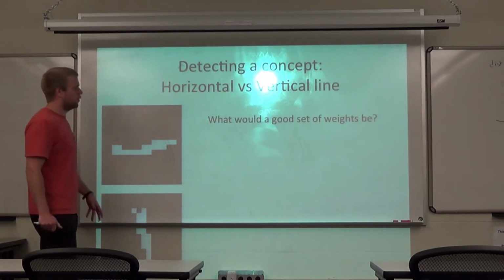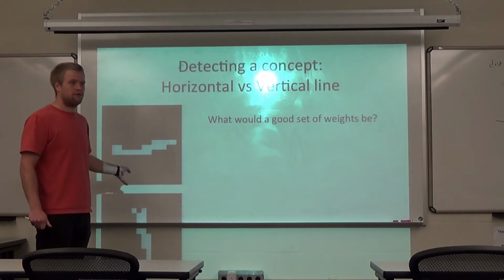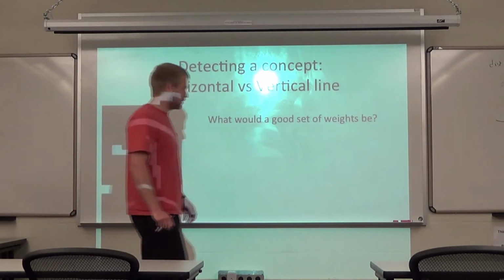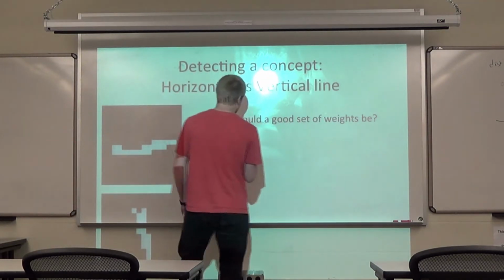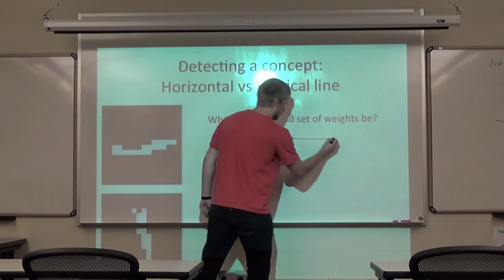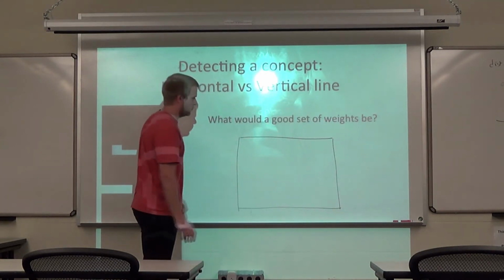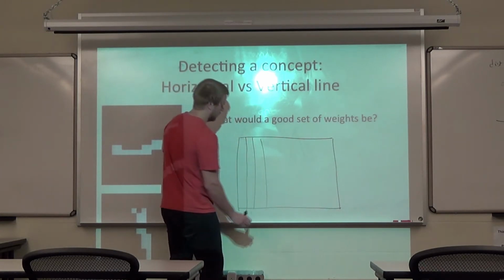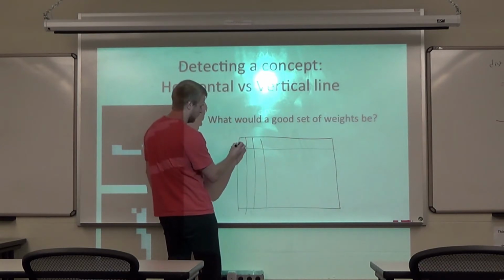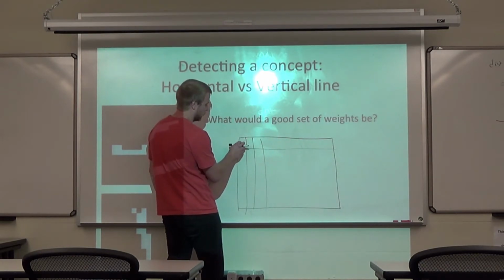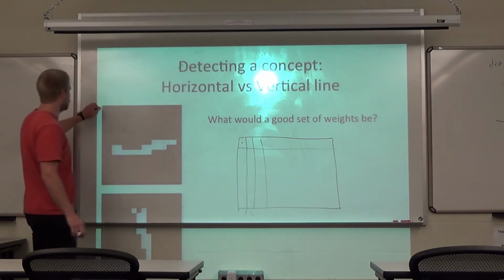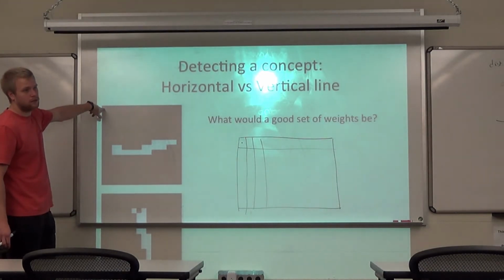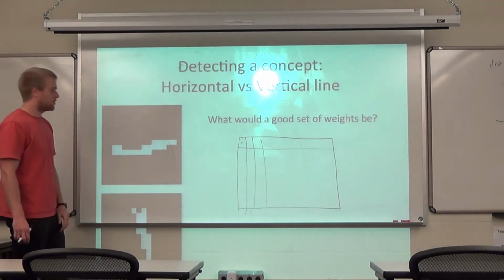Okay, so what would a good set of weights be for such a network? Let's say we represent this as, so each one of these is a pixel, and the value in here is the weight that the hidden unit has for connecting to this pixel, and so forth.